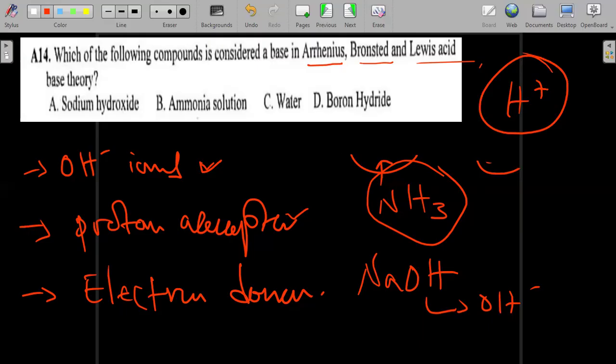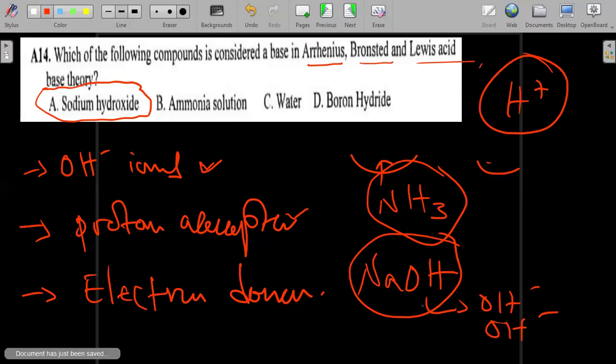Of these four options that we've been given here, only the sodium hydroxide satisfies all three definitions. Why? Because this sodium hydroxide can donate the OH ions, and once it donates them, these OH ions can go and accept the hydrogen ions to form water.